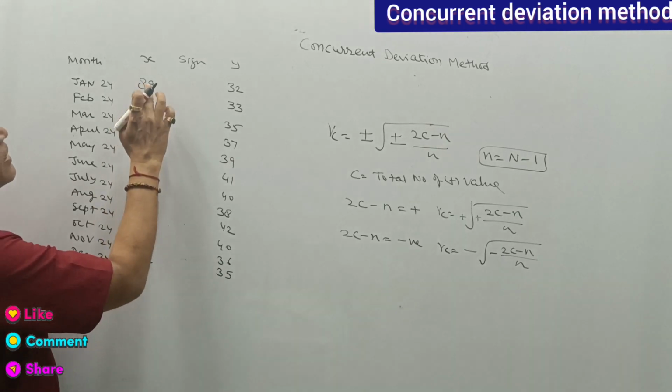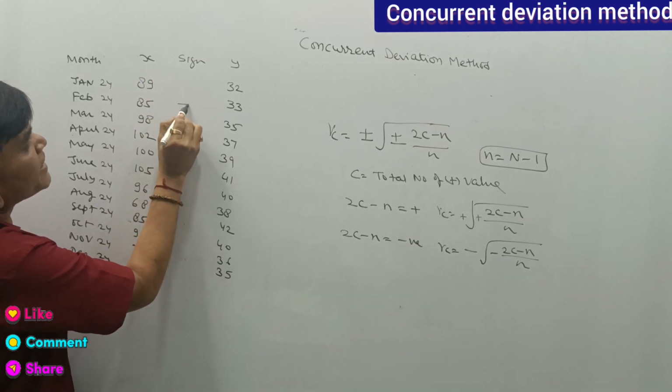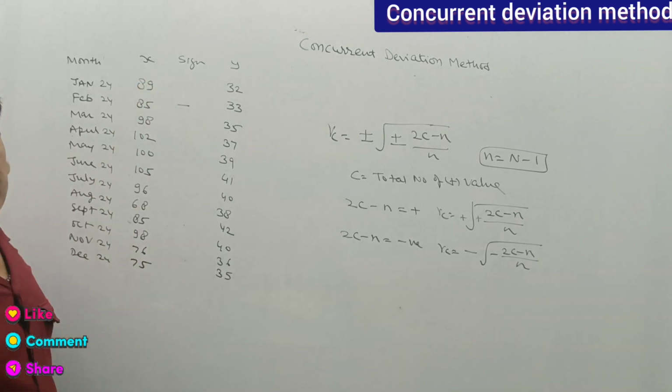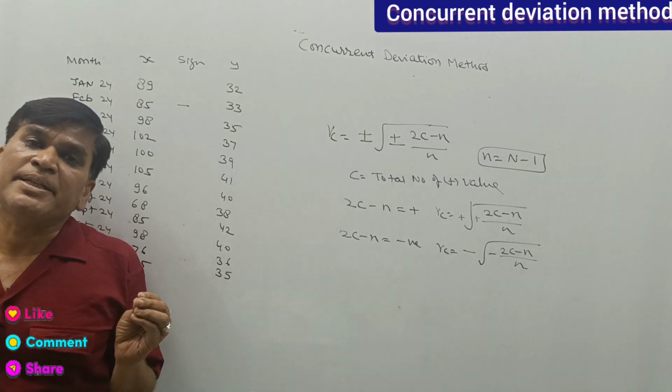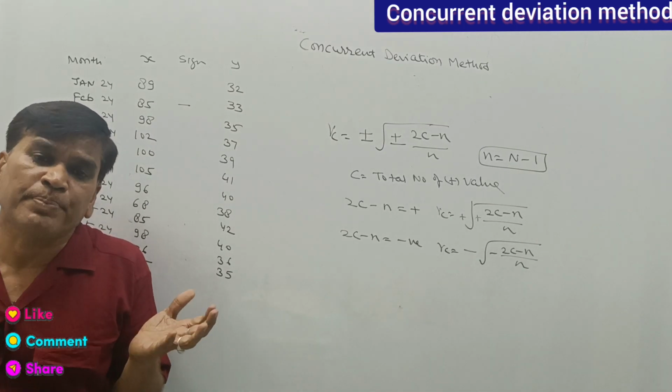What we have done: from 89 to 85 is decreasing, so we write minus. If increasing, we write plus.